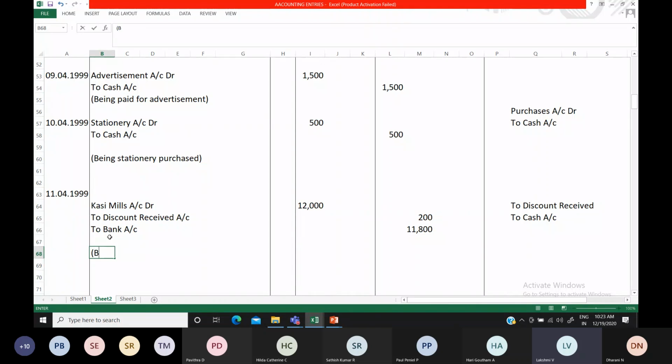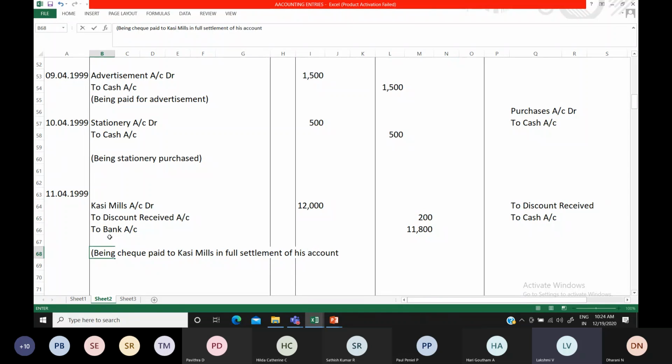And you have to give a narration for this: being cash paid by check to that Kasi Mills in full settlement of his account, or something like that you can mention accordingly. In full settlement of his account also you can just give it.